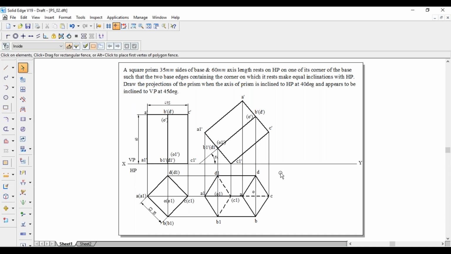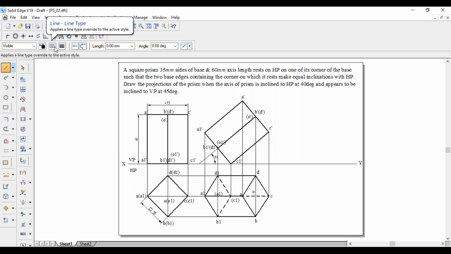For the third position, he has given axis appears to be inclined to VP at 45 degree. So as it appears to be, it is a non-locus problem. So first draw 45 degree line. Take a reference.